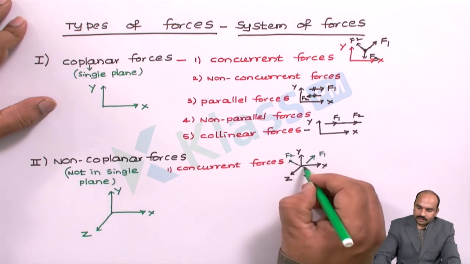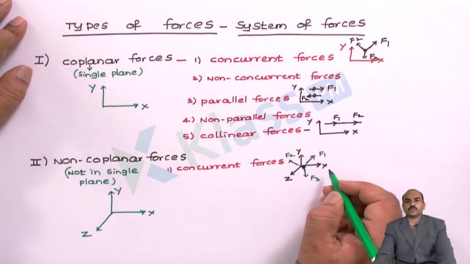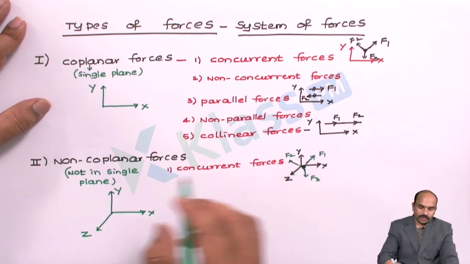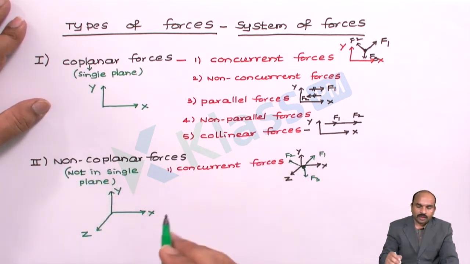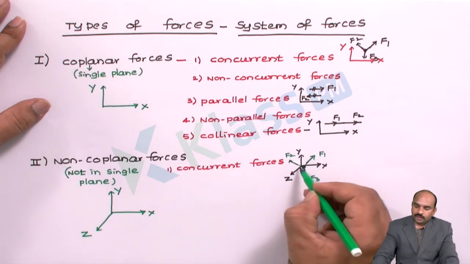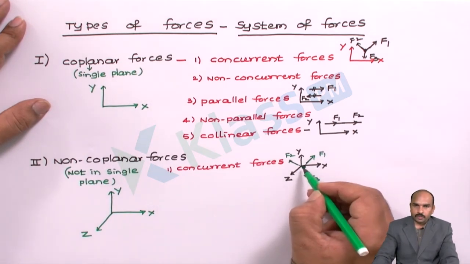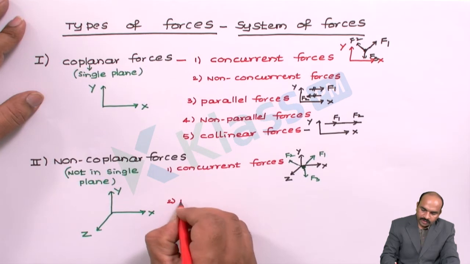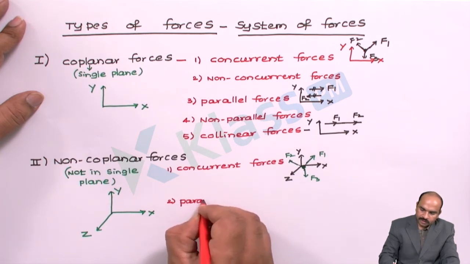If we extend the line of action of all the forces, if they meet at a common point, then we say concurrent forces. They are in different planes, so we say non-coplanar concurrent forces. If they are not meeting at a common point, then we say non-concurrent forces.